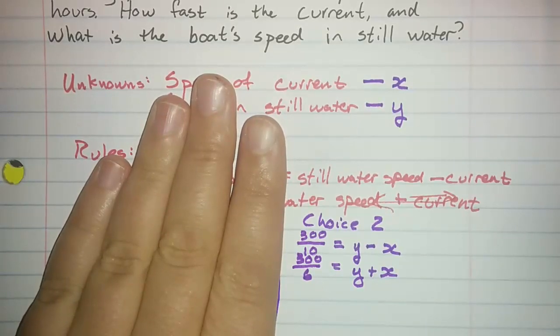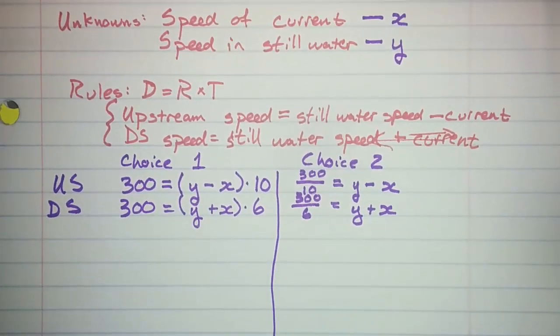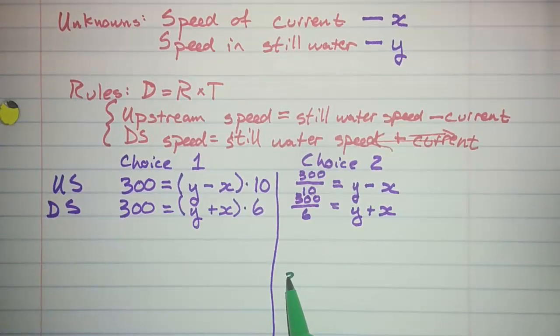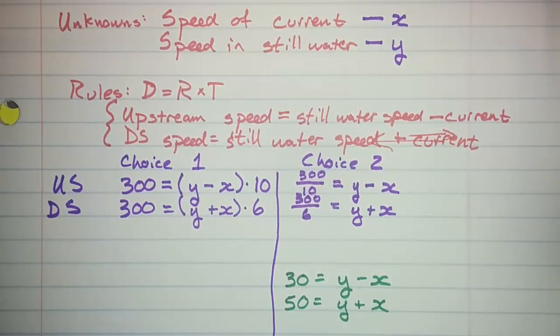All right. Pause the video now and try solving this system. Okay, so my first step, I'm going to do this division, and I'll get 30 equals y minus x, and I'll get 50 equals y plus x.